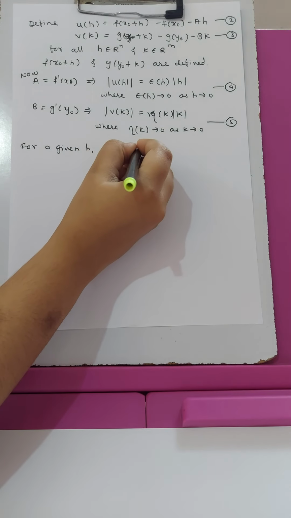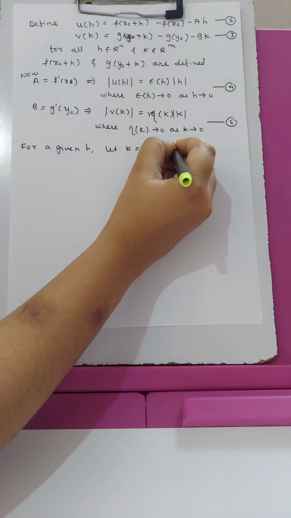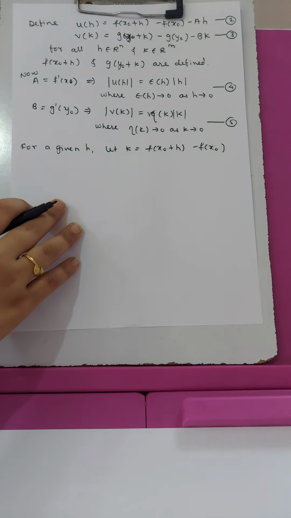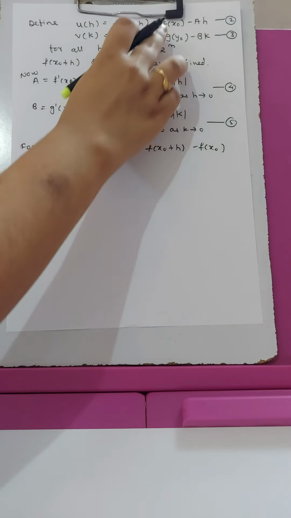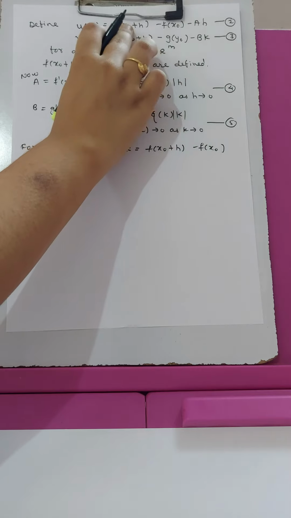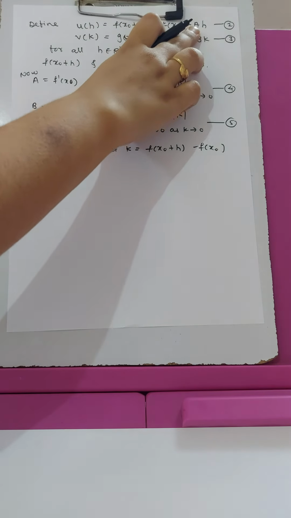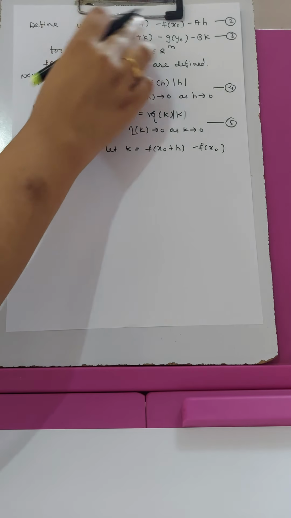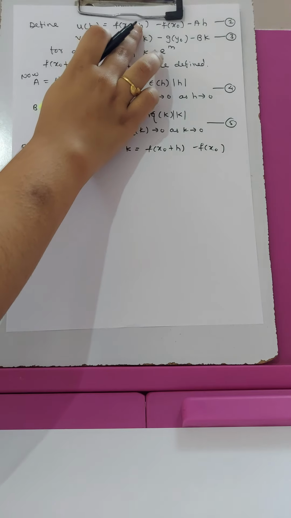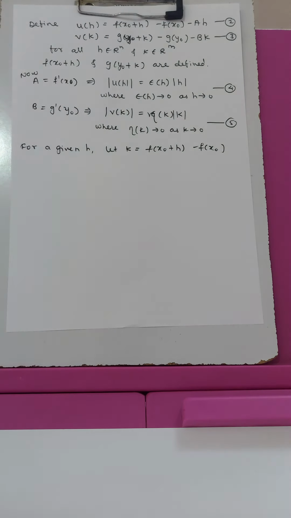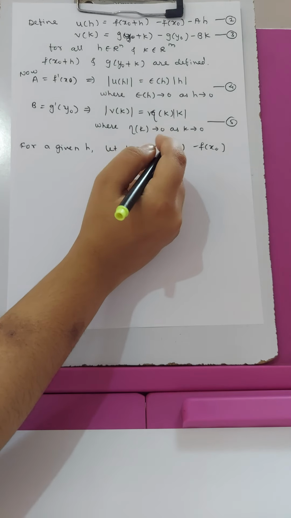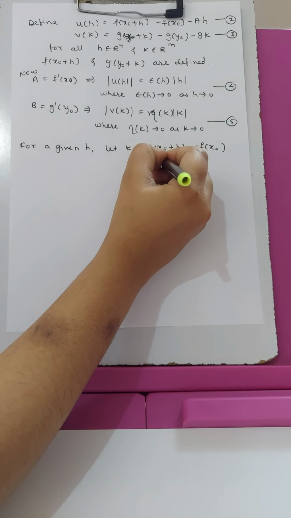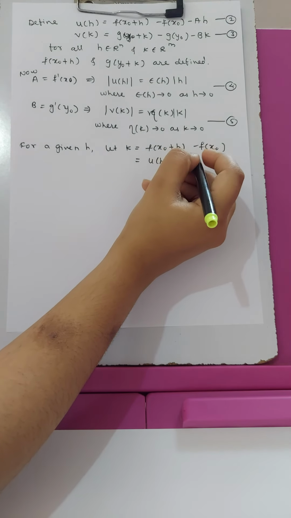Now for a given h, let k equal f of x0 plus h minus f of x0. From 2, if we transfer this minus Ah to the left hand side, we get u of h plus Ah equals f of x0 plus h minus f of x0. So from 2 we can write f of x0 plus h minus f of x0 as u of h plus Ah.